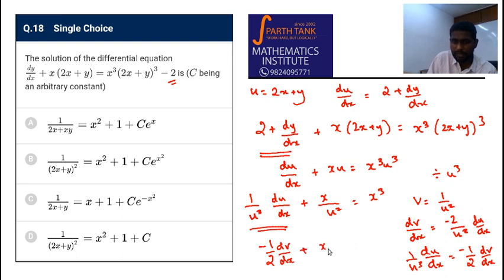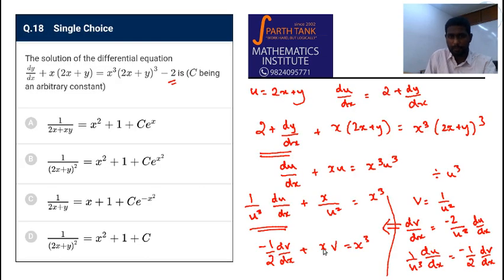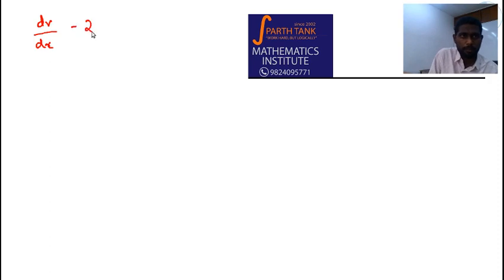This becomes x into v. Substituting all this here is x cube. Now for sake of simplicity, I am going to multiply by minus 2 throughout, and I get a nice equation dv by dx. If I multiply by minus 2, I get minus 2xv minus 2x cube. Minus 2xv is minus 2x cube.